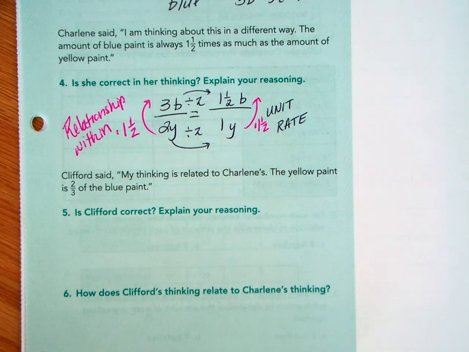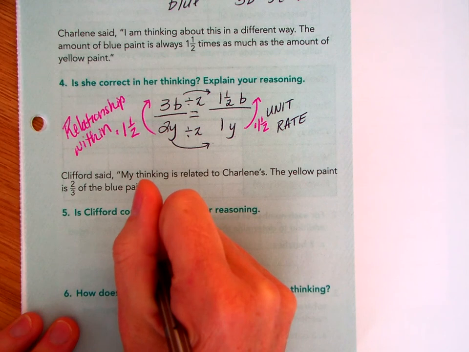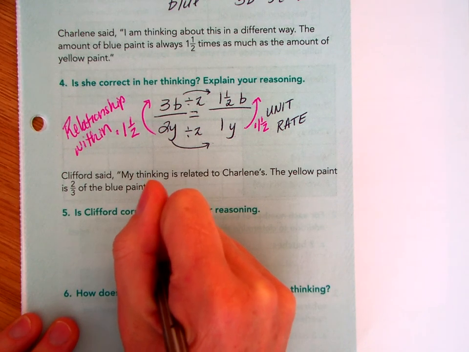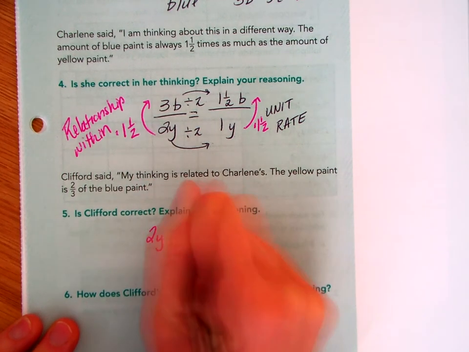Clifford said, my thinking is related to Charlene's. The yellow paint is 2/3 of the blue paint. Is Clifford correct? It's always 2 yellow to 3 blue.